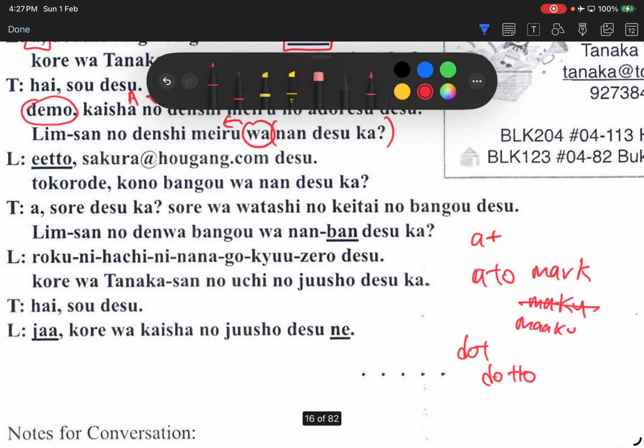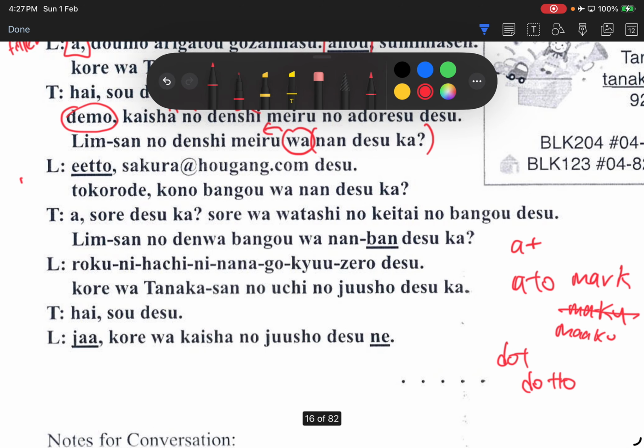Okay, next line. ところでこの番号は何ですか? So ところで is our BTW, by the way. ところで is just by the way. So by the way, この番号は何ですか? So this number is what? This number is what? So T says, それですか? So それ means that, right?